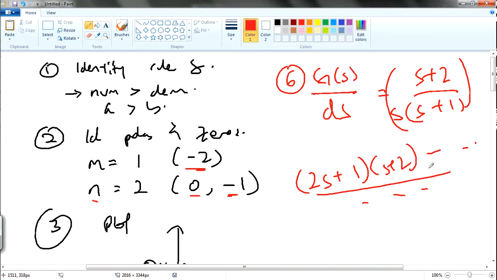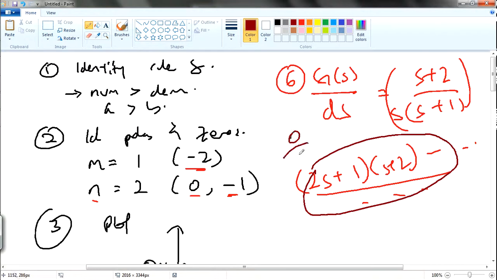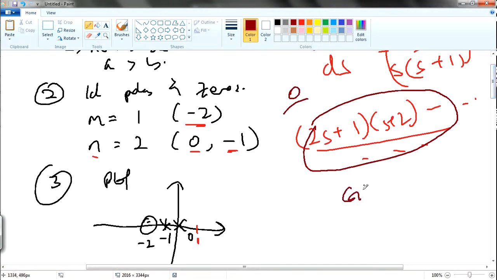I'm not going to go through it, but you should get the result. Whatever is at the numerator will make the whole equation 0, right? Whatever 0 divided by anything should be 0. So g of s divided by d of s, you remember, rule 7, is equal to 0.